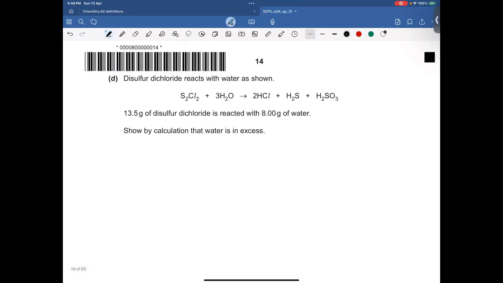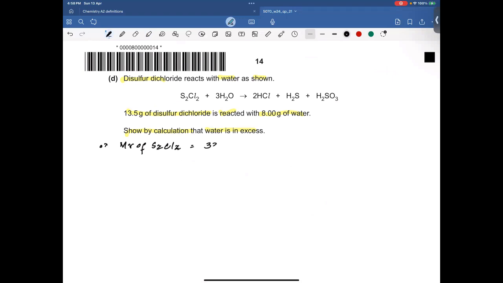Next, disulfur dichloride reacts with water as shown. 13.5 gram of sulfur dichloride is reacted with 8 gram of water. Show by calculation water is in excess. That's an easy thing. First of all, take out the Mr of S2Cl2.